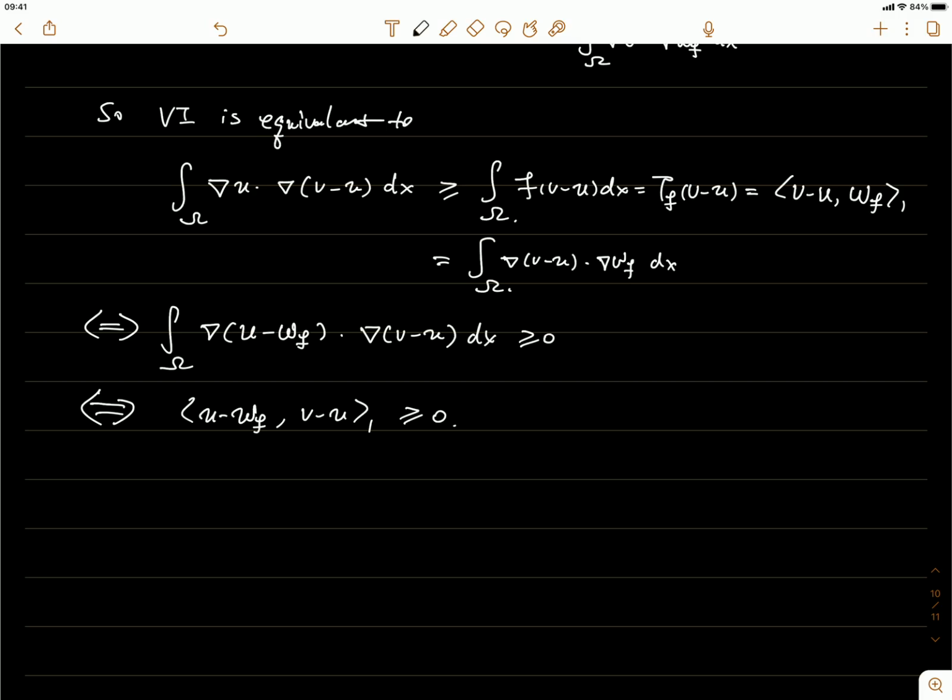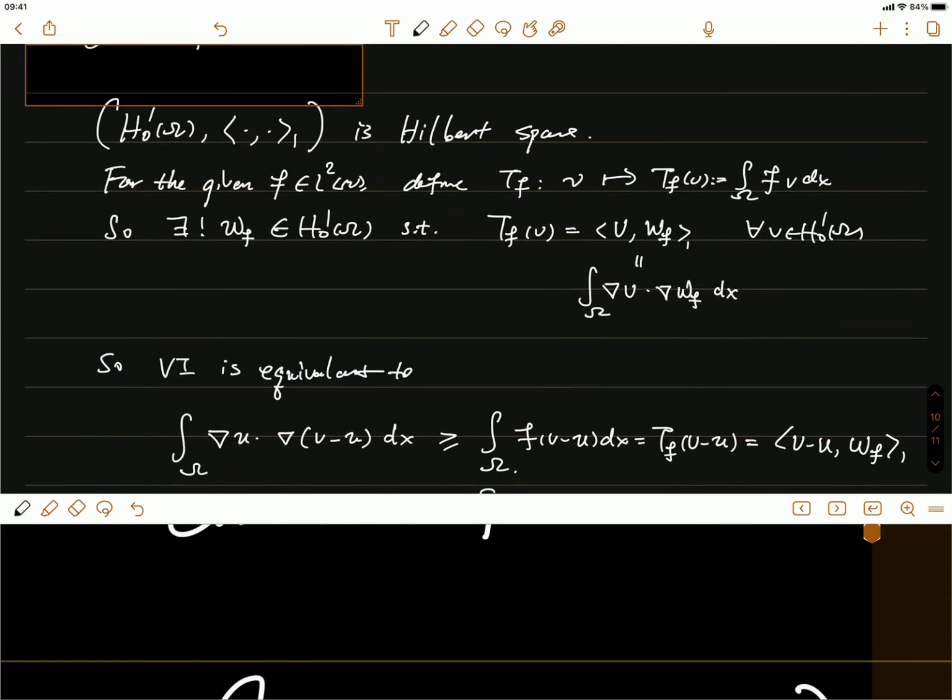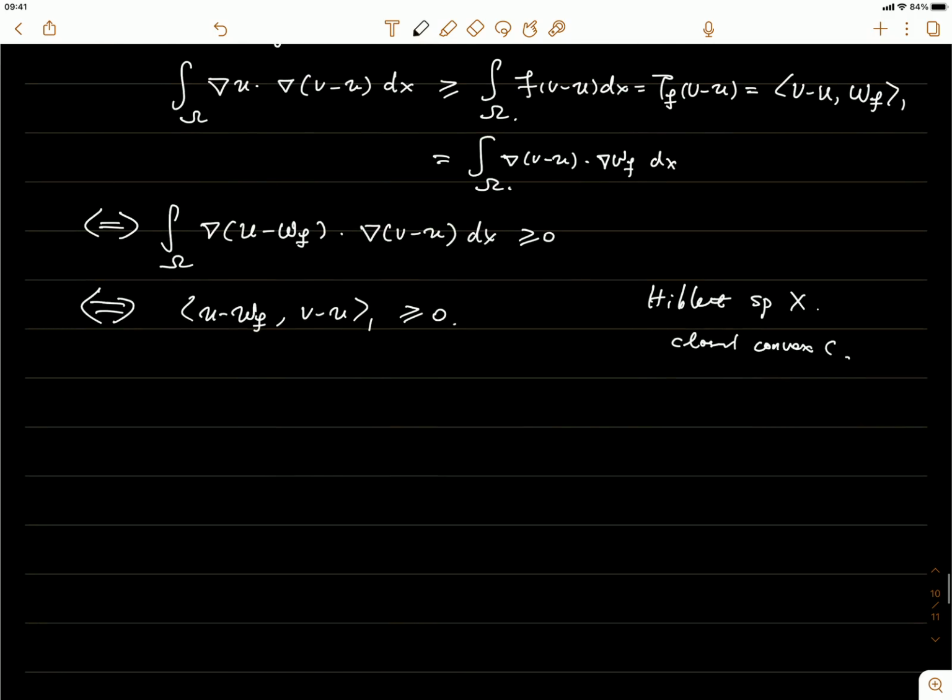Remember in last class, we showed that if you have a Hilbert space X and you have a closed convex set C, then for any x, now in this case wf, there exists a unique projection point u, where u is the projection of wf onto C. And it is a projection point if and only if this is true for any v in C.